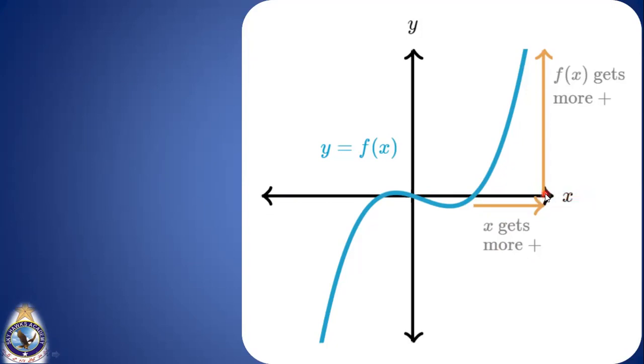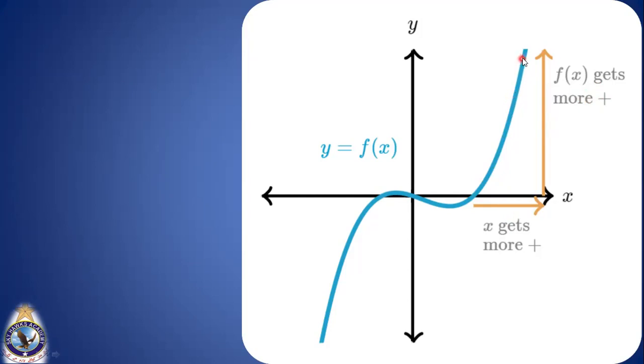But at this instant, f(x) gets more positive as you move to the right and get more positive values for x, so the graph is moving up, up and up.